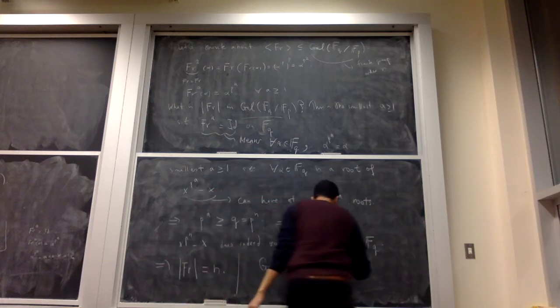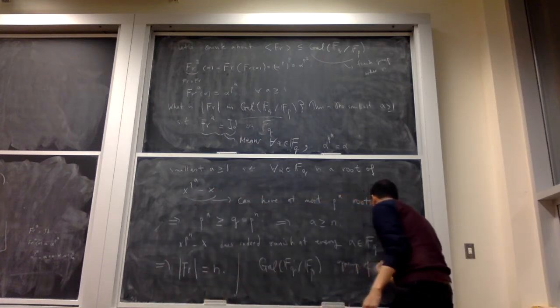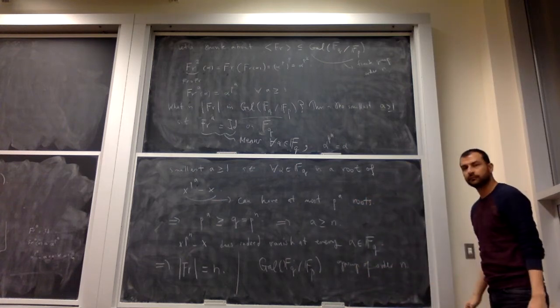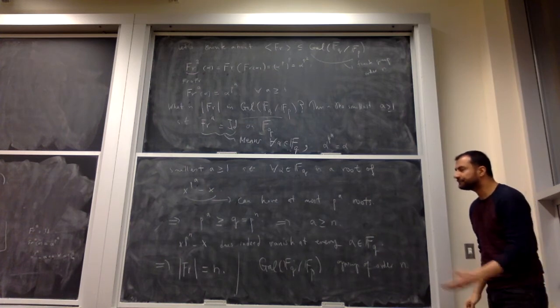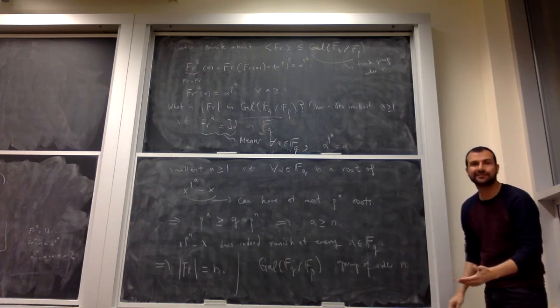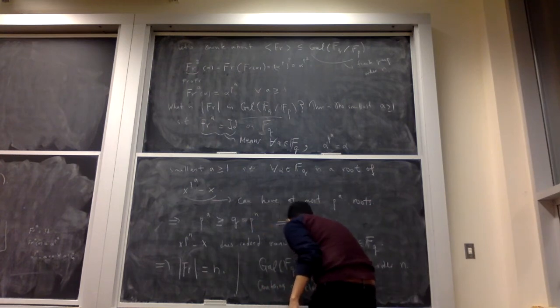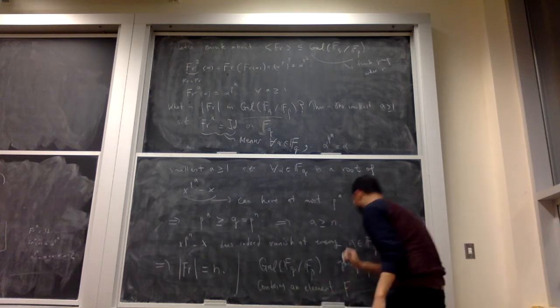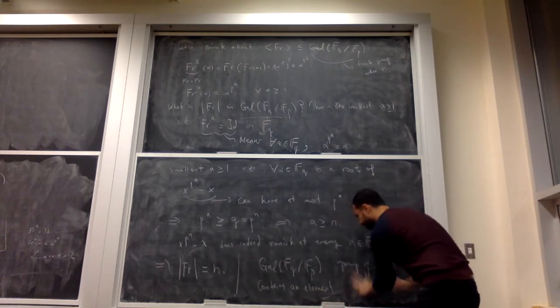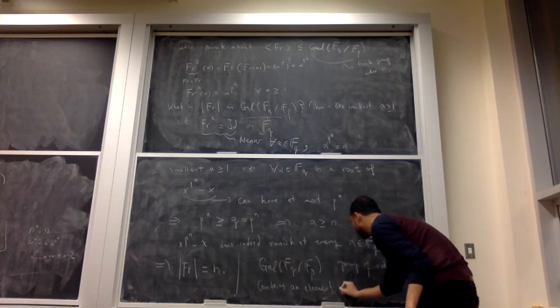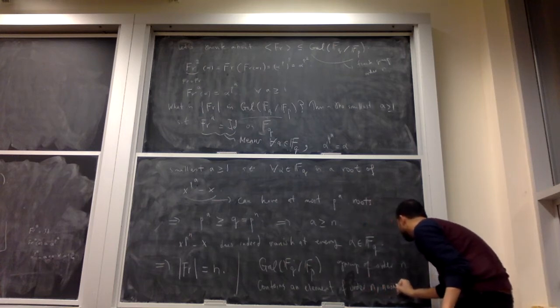We found an element of order n, namely Frobenius. It contains an element of order n, namely Frobenius.